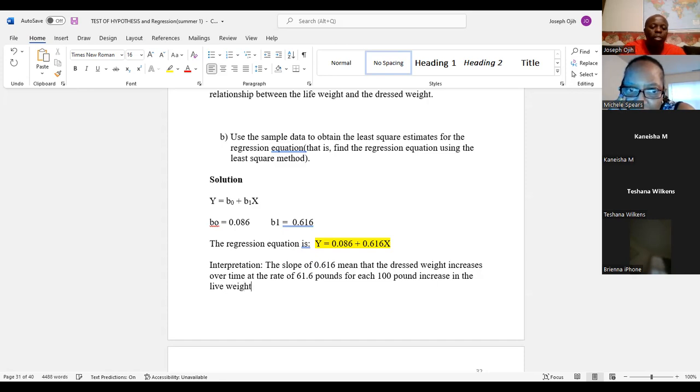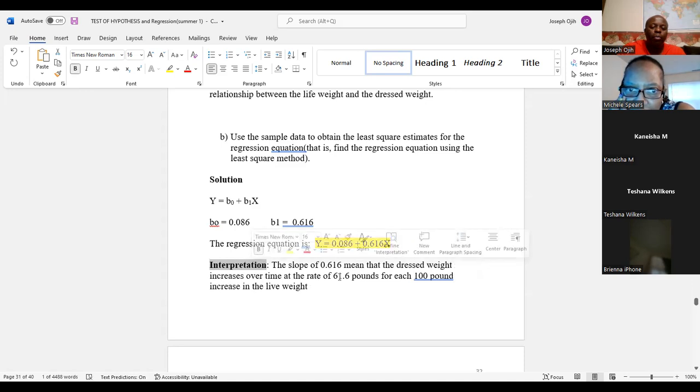So when the live weight increases by 100 pounds, the dressed weight increases by 61.6 pounds. That's what it means. Remember, the slope is the rate of change.